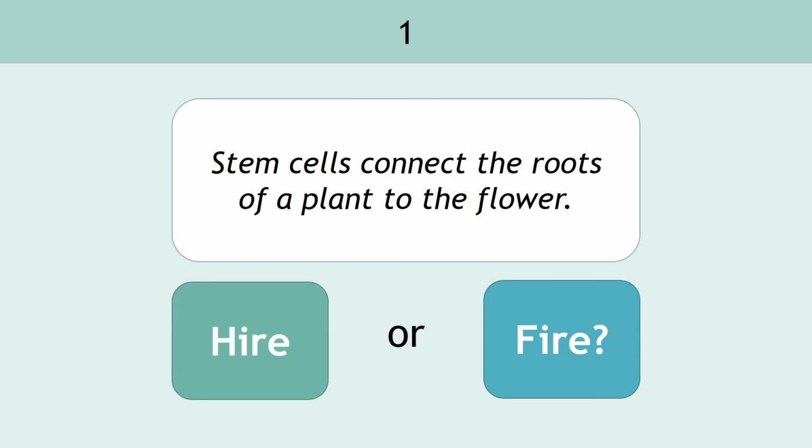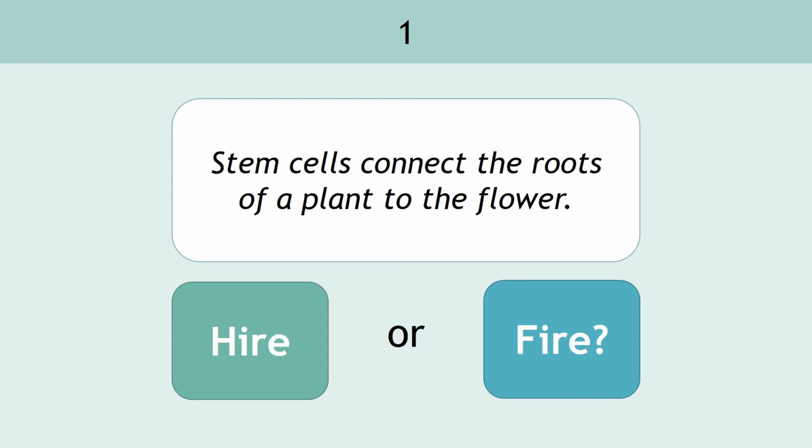Okay, number 1, stem cells connect the roots of the plant to the flower. Would you hire that person who said that or fire that person? I'll give you a few seconds for each one, so you don't need to pause it after each one, you can just decide which one it is. So that would be your time.